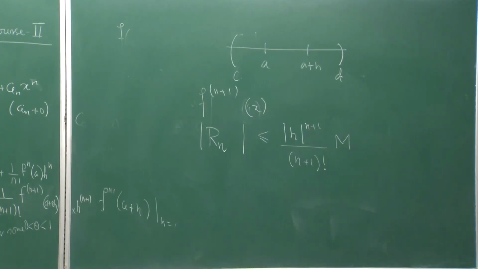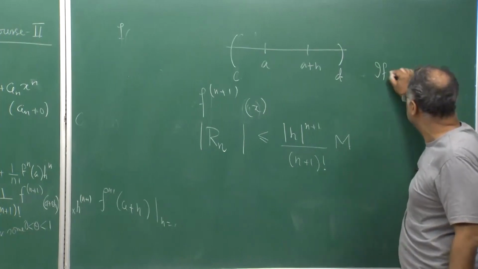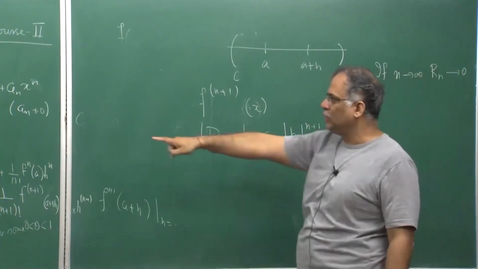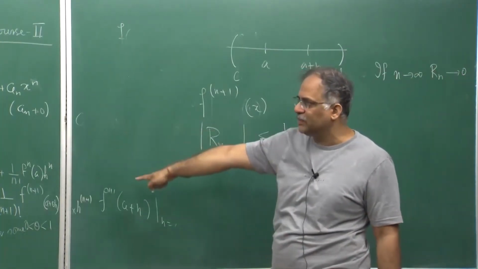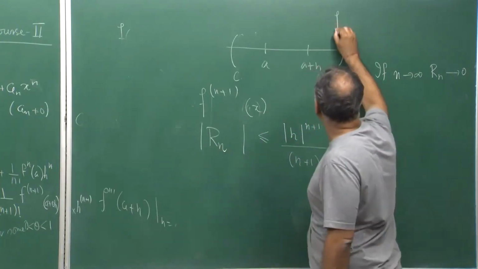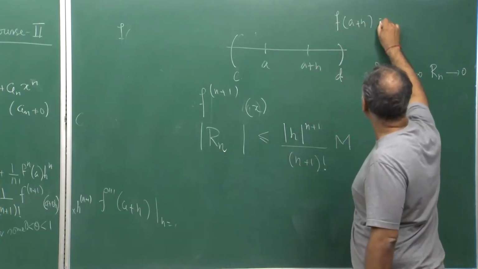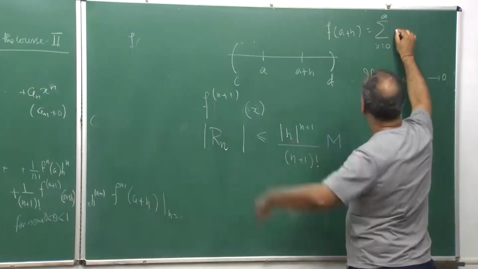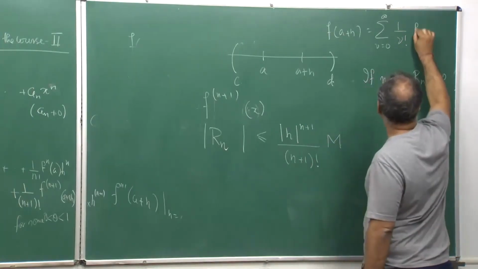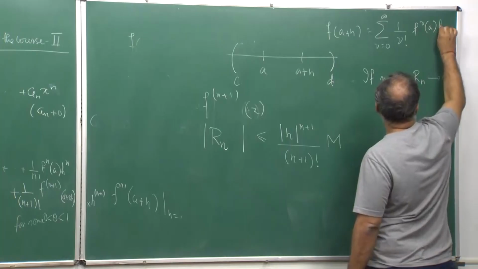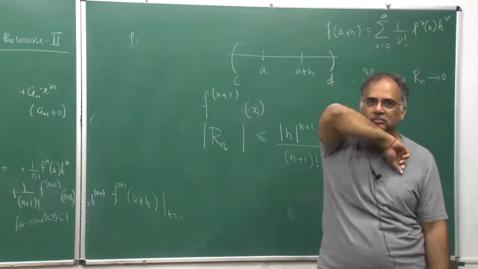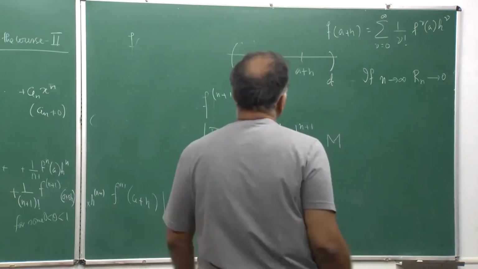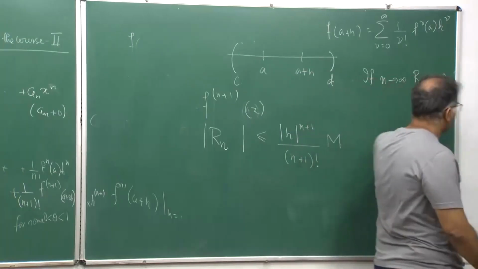Now if n tends to infinity, R_n goes to 0, then what we get is that f(x) can be expressed as a Taylor's power series, that is f(a+h) becomes the summation ν equal to 0 to infinity of 1 by ν factorial f^(ν)(a) h^ν. So it becomes a convergent series provided R_n goes to 0 as n tends to infinity.